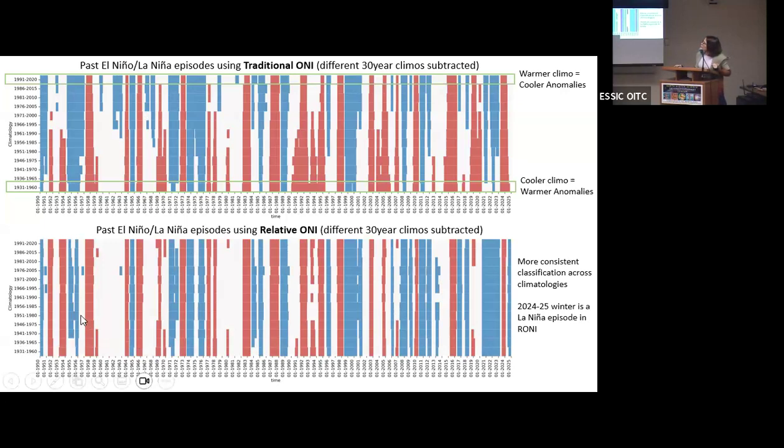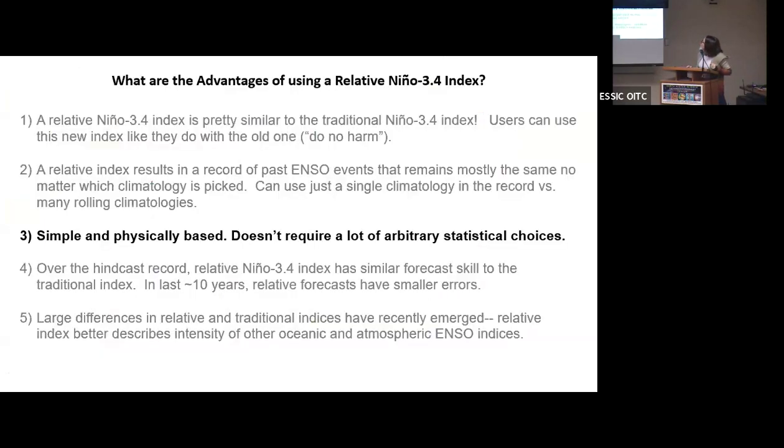But if you get to a more recent part of the record, you start seeing these almost straight vertical alignments. Also interesting is that, and this updates through the November, December, January season that we just had, we're already in a La Niña when we look at our NOAA criteria for relative. Whereas when you look at the traditional, not so much. We haven't even qualified yet in that 5 consecutive seasons.